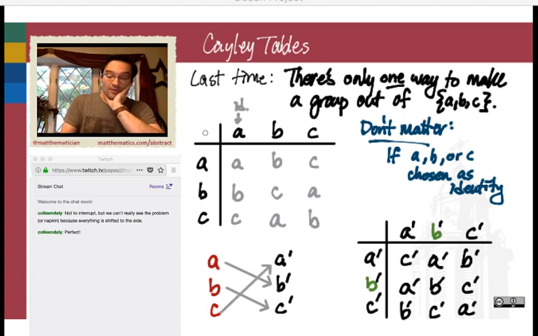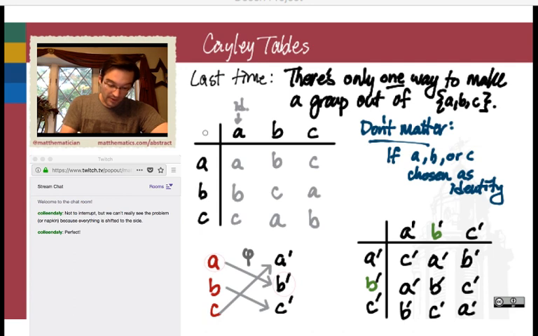So what I have here is a function. Again, let's call this function by the Greek letter phi. I have a function which is one-to-one and onto that relates the elements in my group on the left with the elements in the group on the right. Not only is it a bijection, it also does some other nice things. Namely, the identity element of the first group and the identity element of the second group are related to one another by this function.